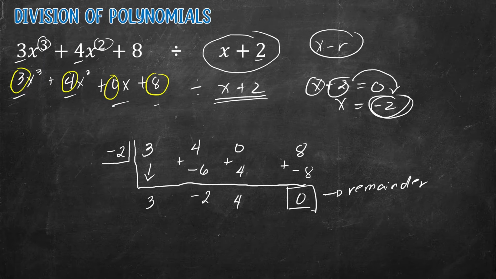Okay. Next is to write it in its final answer. So, paano natin to sinusulat into its final answer? Okay. Lagi tayong nagma-minus ng isa kay degree. If it is raised to 3, itong sagot natin dito will only raise to 1. Okay, so ngayon, this time, lalagyan muna natin siya ng mga x.